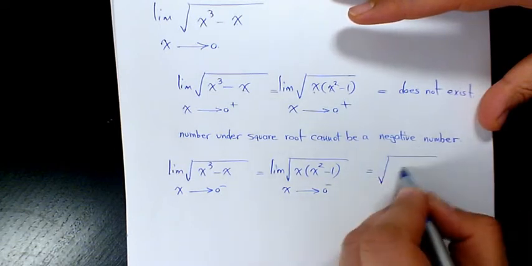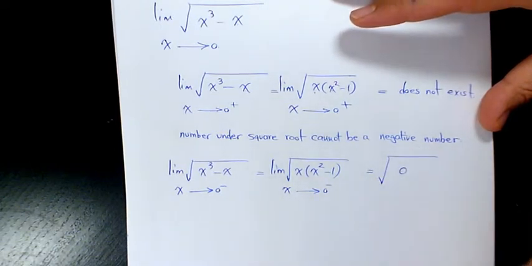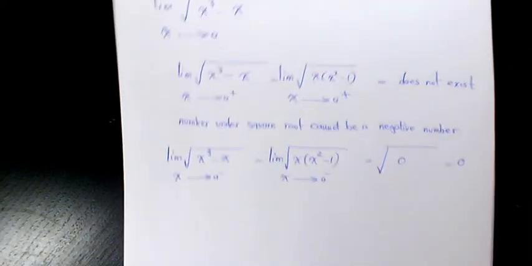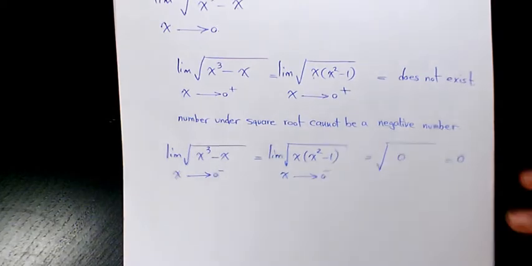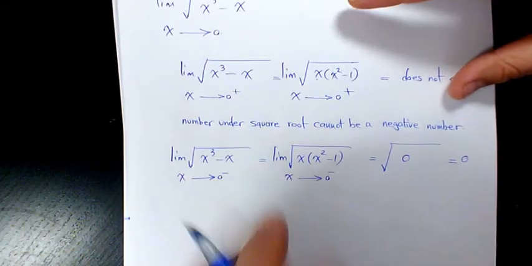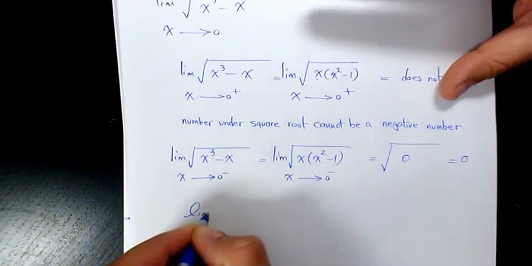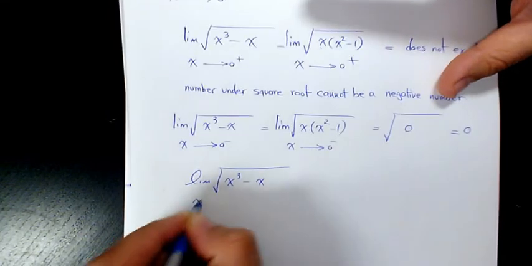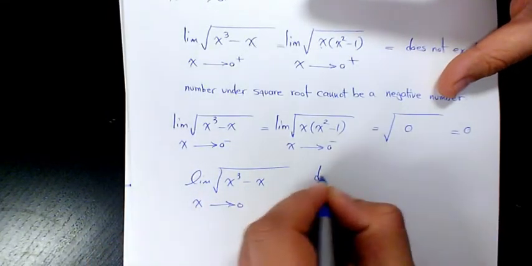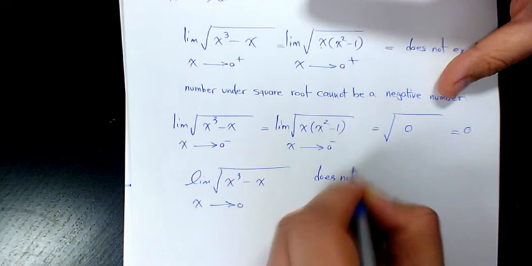So that's going to be the square root of 0, which is 0. So the right limit doesn't exist and the left limit is equal to 0. So we're going to say that the limit of square root of x cubed minus x when x is approaching 0 does not exist.